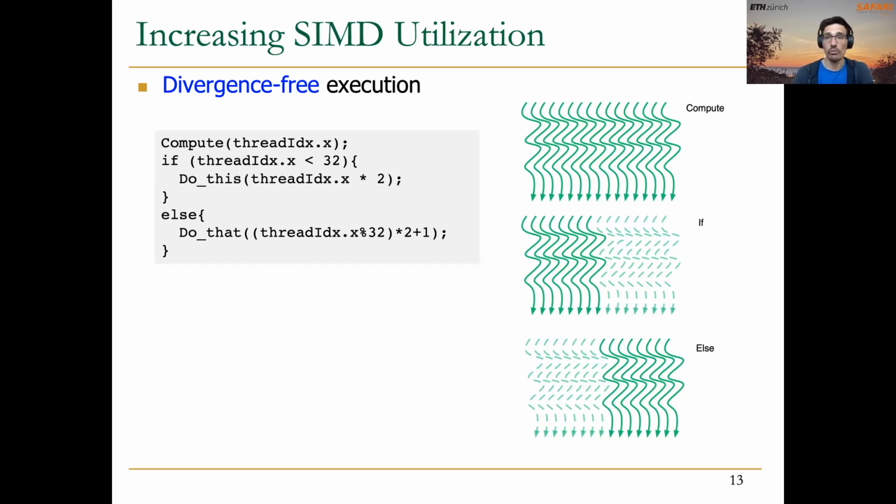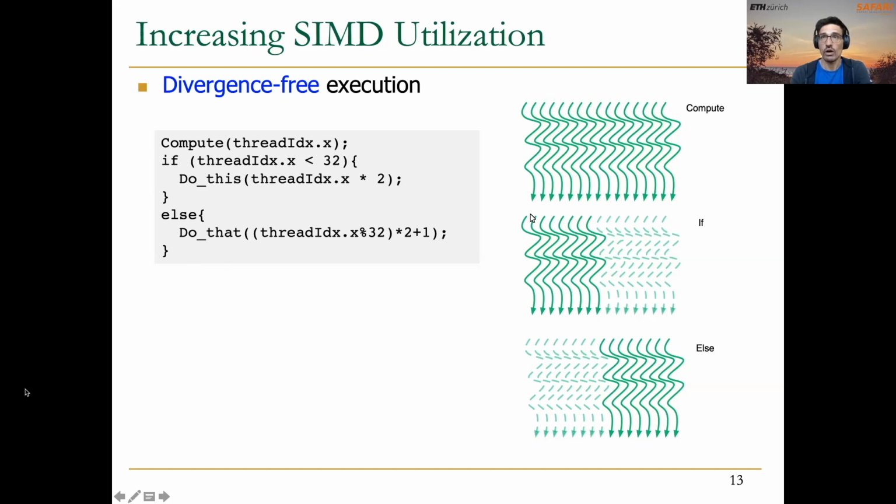In a divergence-free execution, what we do is rearrange the way that we assign threads to data in a way that we avoid the intra-warp divergence. Observe that in this code, we have exactly the same computation as in the previous code, but in this case, assuming that in total we have 64 threads or 2 warps, the lower warp, warp 0, those threads with an ID lower than 32, are executing the do this part, while the other threads, those with a thread ID greater or equal to 32, are executing the do that part.